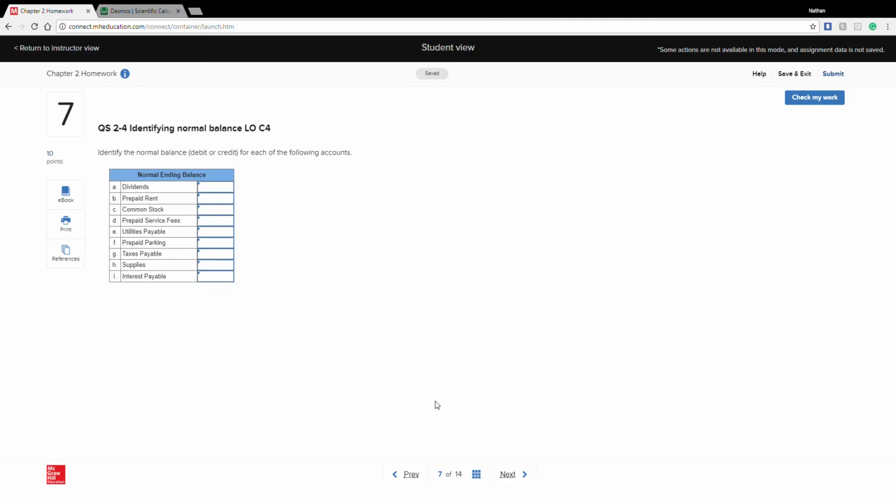So now we end up with identify the normal balance, debit or credit, for each of the following accounts. This one, basically you gotta know what the account type is, and then you can follow DEALER. If you remember the acronym that I showed in the first video of chapter 2, the note video, and if you don't remember, it was DEA.